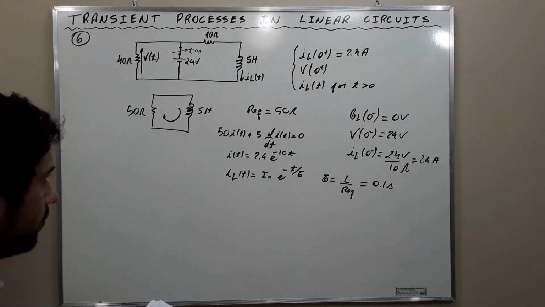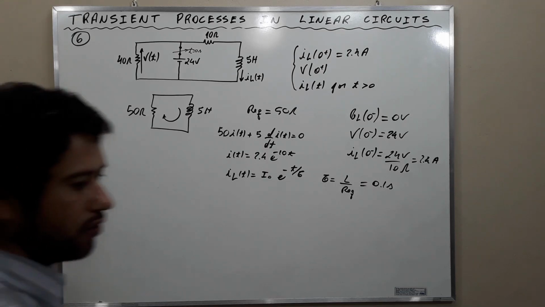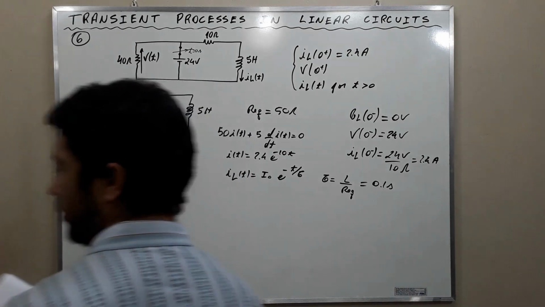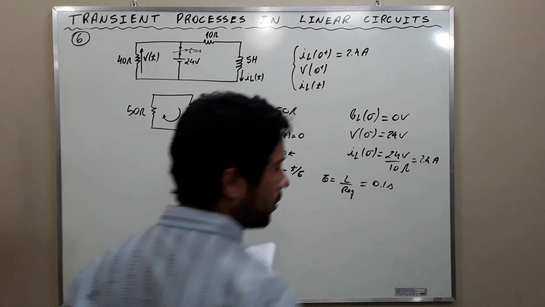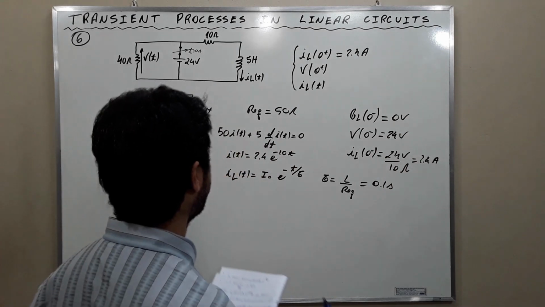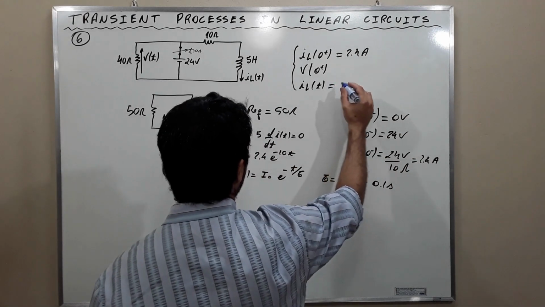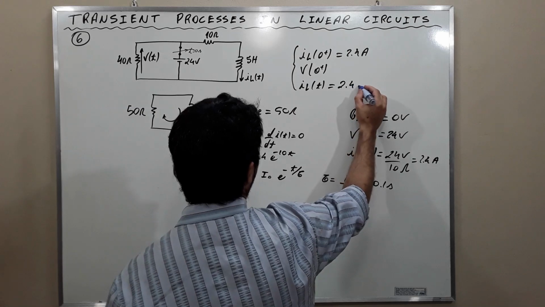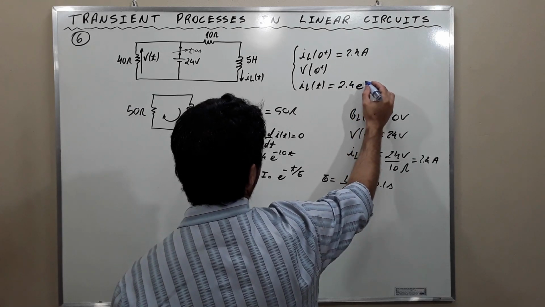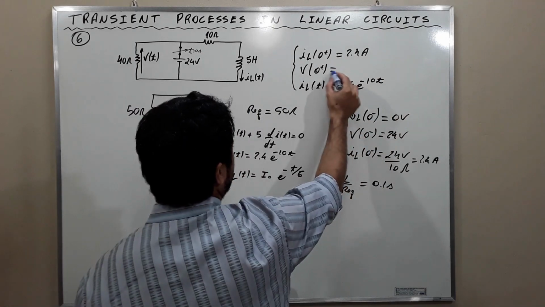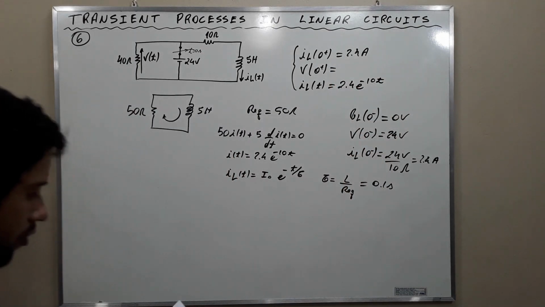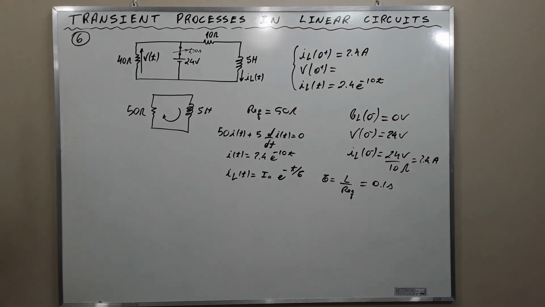We already know this here as well. We already know this here. This is this. 2.4 times e raised to the power of negative 10t. What we need to calculate is only V of t.